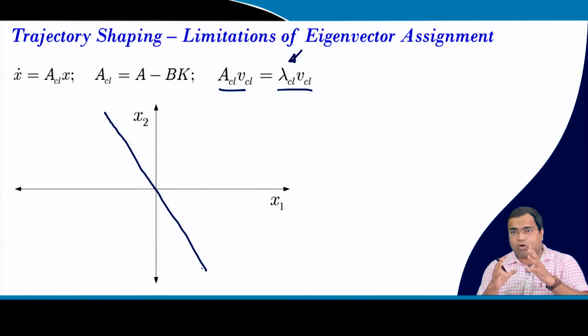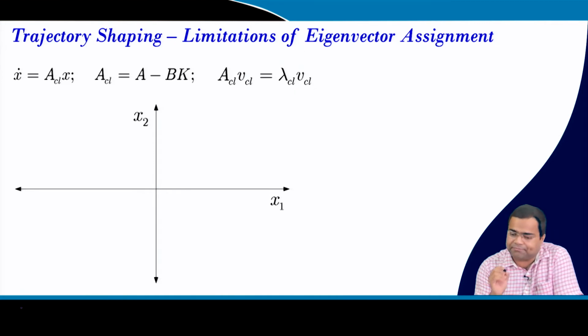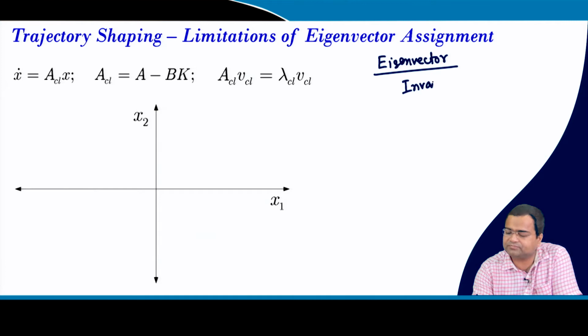We have discussed the property of the eigenvector: it has an invariant property, an invariant vector field.